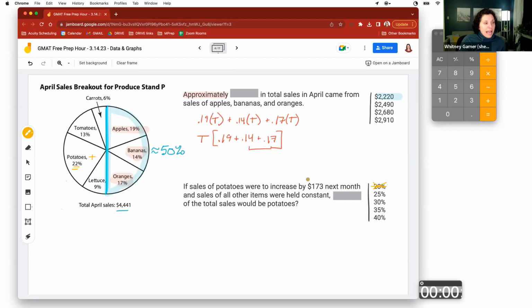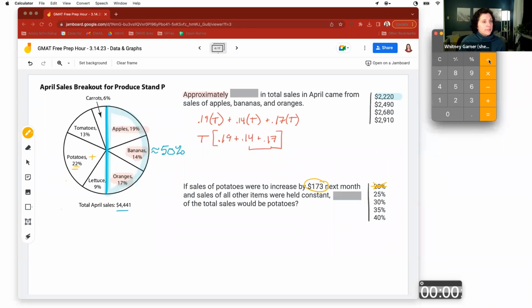And if all we're adding is $173, this isn't quite exact, but $173 as a fraction of our sales is only about 4%. Now that's of our current sales. That's not of our new sales.